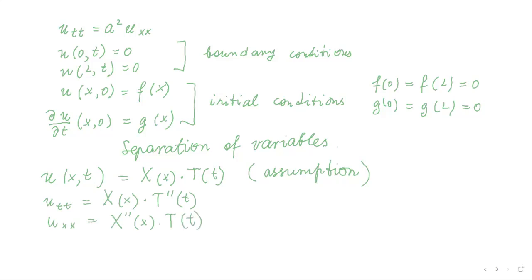Okay, very good. Now we're going to plug everything into the equation, and maybe I should move to the next page. So I'm going to write down that instead of utt, I have X of x times the second derivative of T equals a squared times the second derivative of X by big T of little t, the product, right? Well, we did not separate variables yet. Remember from differential equations how we separate variables? We put all t's on one side and all x's on the other side. So that's what I'm going to do.